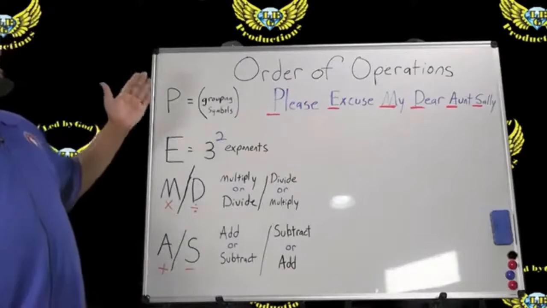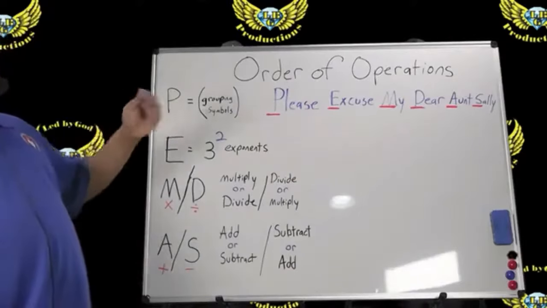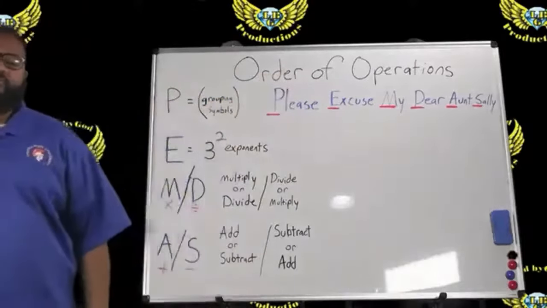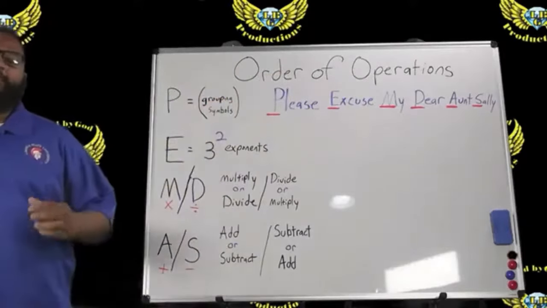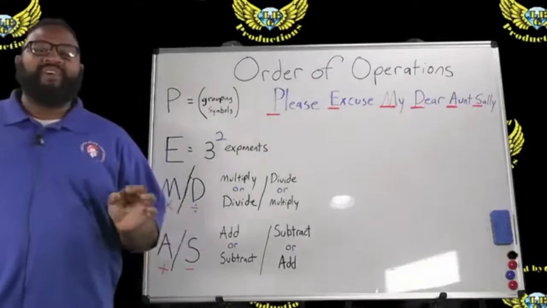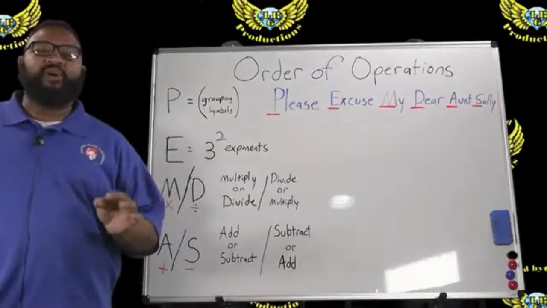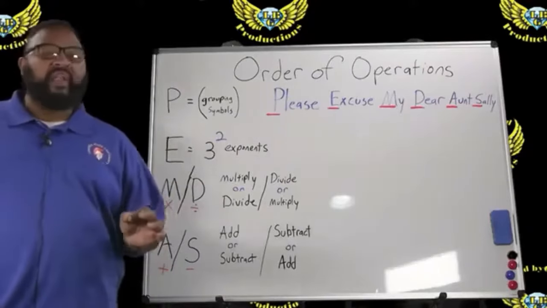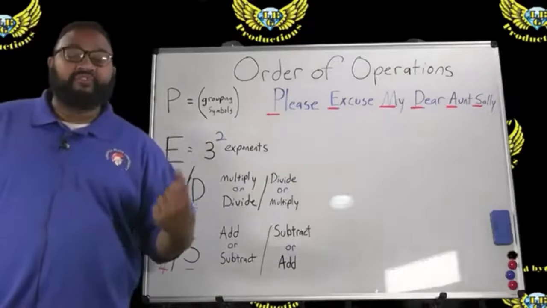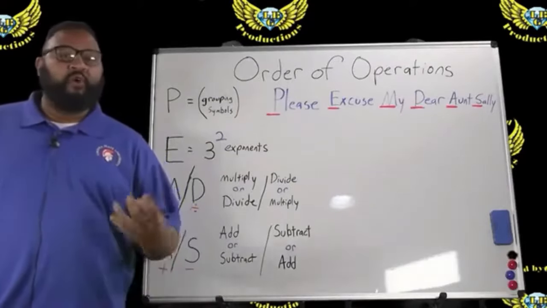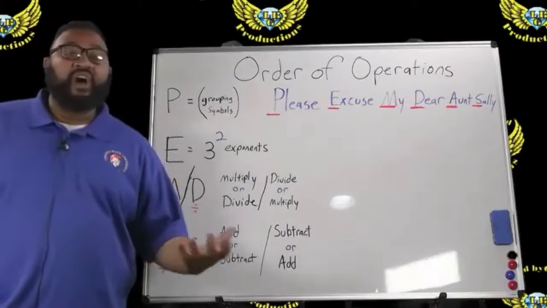Now, the key word we need to focus on is order. When we talk about order, that means it is giving direction. There is some direction that's going to be given, like a chronological order: first, second, third, fourth, fifth, 100th.